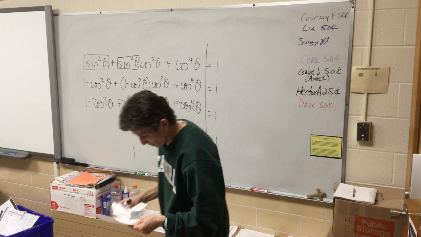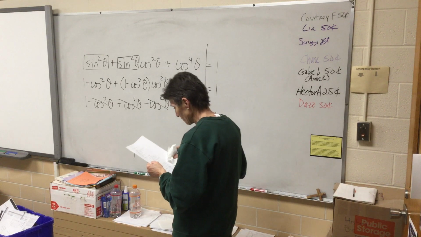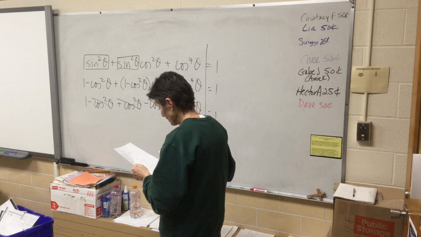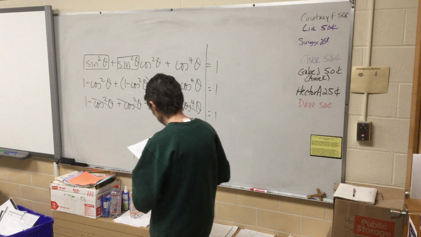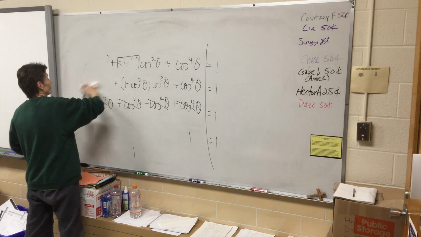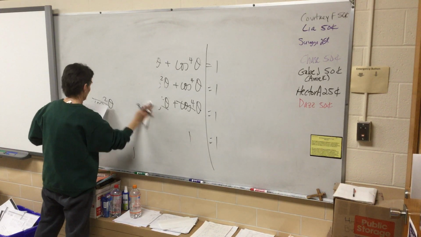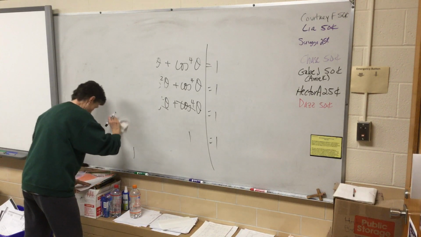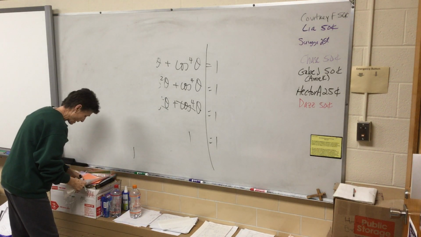All right, we'll do one more and then we got to move on. So let me see if I can find something here that looks interesting. Over on the back side.